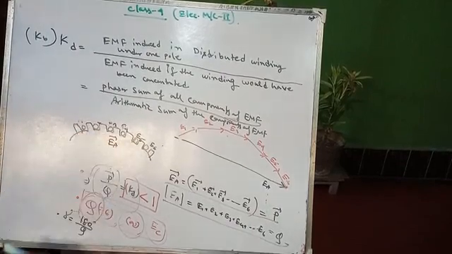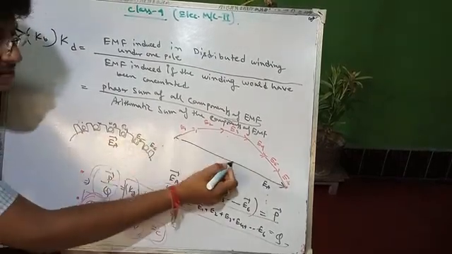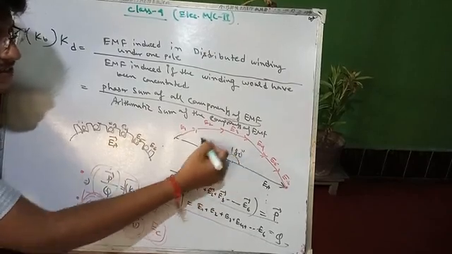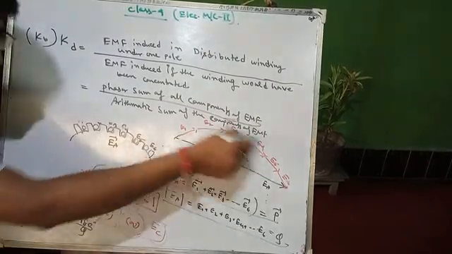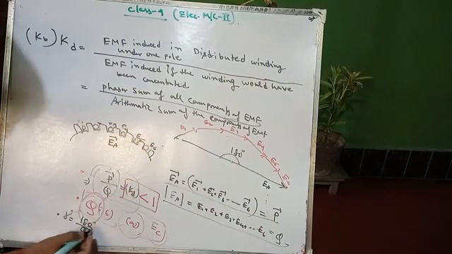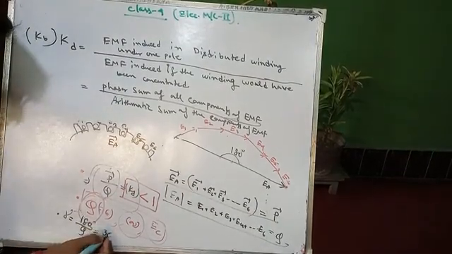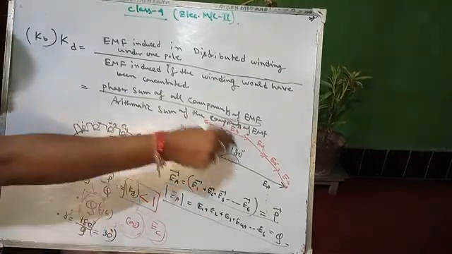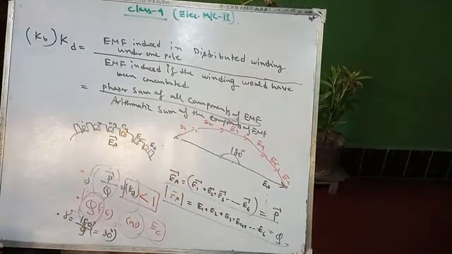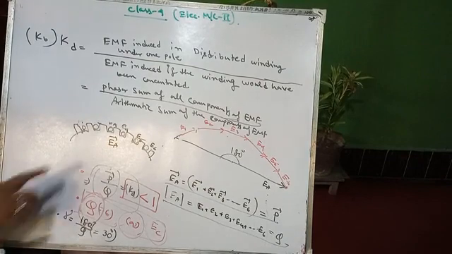You can see it is 180 degrees, divided into 6 slots. So the angular displacement between two slots in this example is 30 degrees.